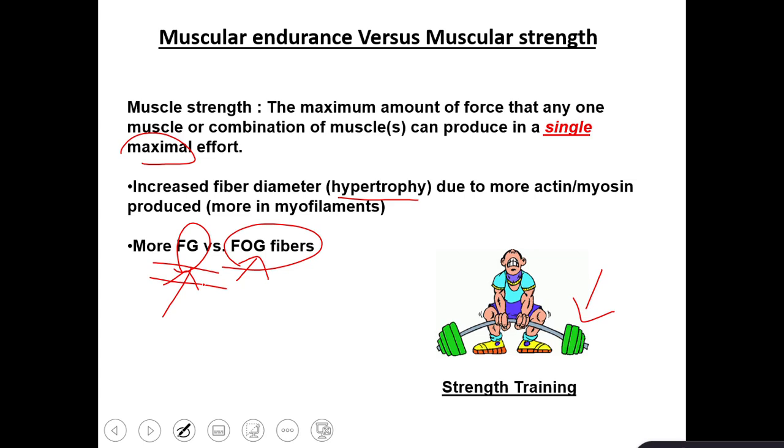So if you have somebody with large muscle mass, maybe he is genetically having more fast glycolytic fibers, and also he has more training to carry weight. If you see a runner, those people are likely to have more oxidative fibers, the fast oxidative glycolytic fibers, the aerobic ones.